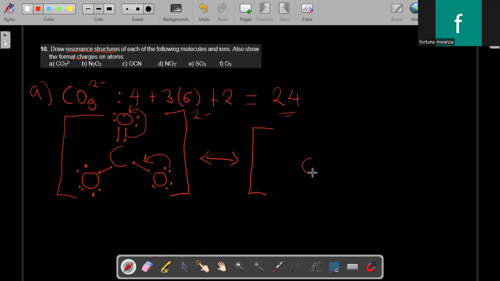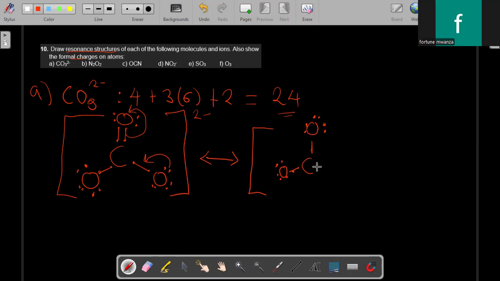So you have a carbon. Now this oxygen on top, remember this has opened. So meaning it will have a single bond. Then you have now 6 lone pairs on this oxygen. So those electrons now have gone here. Also have 3 lone pairs as well on this one.